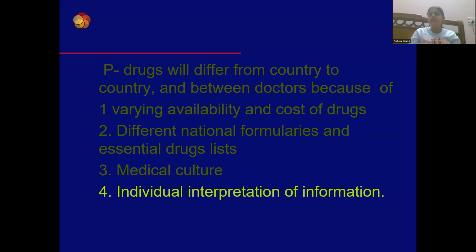Individual interpretation of information also matters: what information they have got from medical representatives about the safety, efficacy, tolerability and cost of any drug. How doctors interpret this information varies, and the P drug choice varies accordingly.